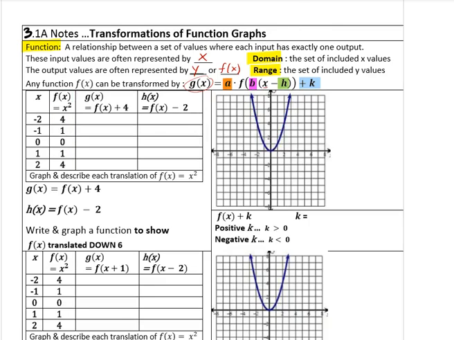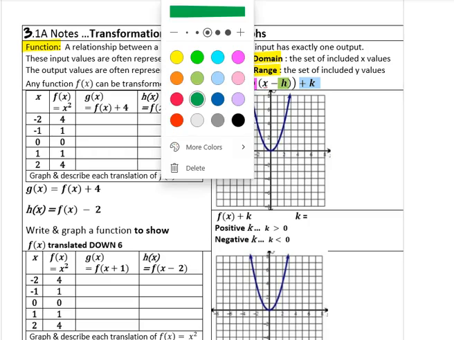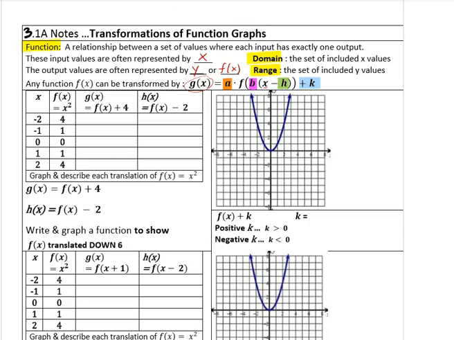So now, the next part here, it's saying g of x equals my f of x function. So what I just had here, but now I'm going to add 4 to it. When I plugged in negative 2, I got 4. But in g of x, it's going to be that 4 plus 4, which is 8.